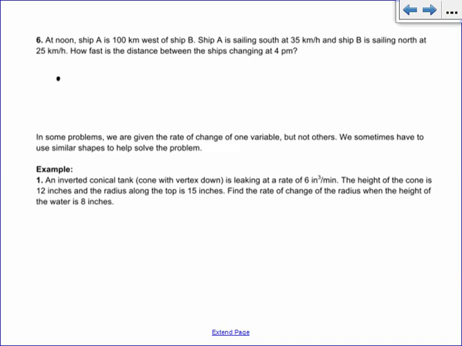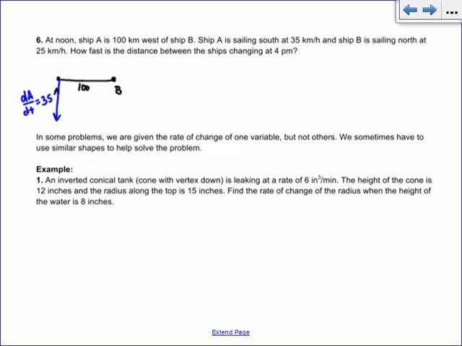All right, so A is 100 kilometers west of B. A is sailing south at 35 kilometers per hour, so that means dA over dt is 35. We're gaining 35 kilometers every hour.